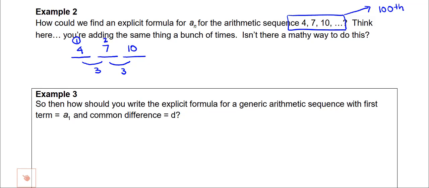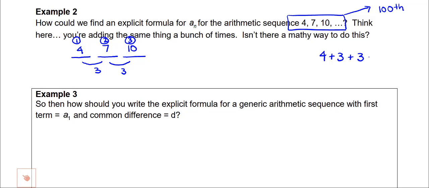This is the first term. This is the second term. This is the third term. So you have, who's this? First term. Who's this? It's the second term, right? Who's this?